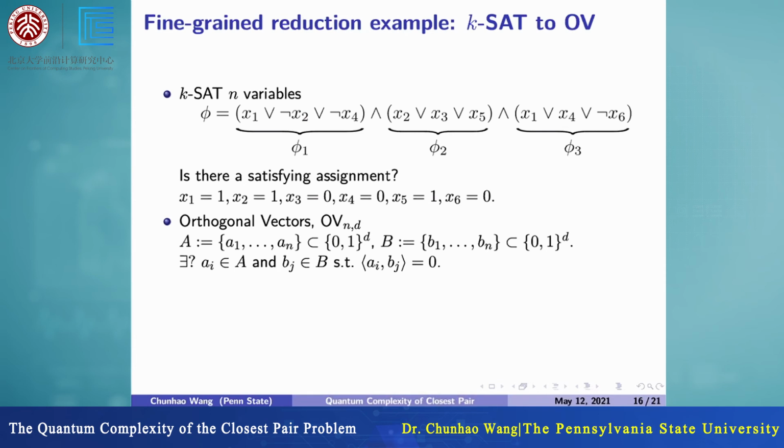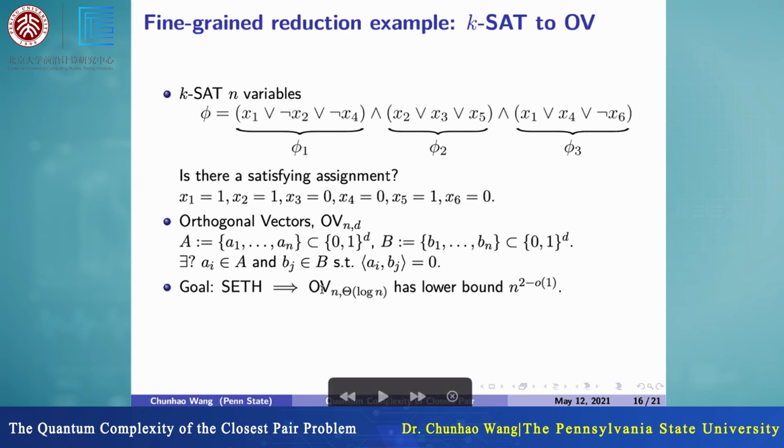The goal is to use fine-grained reduction to reduce K-SAT to this orthogonal vectors problem. That means if you believe SETH, then this orthogonal vectors problem has an n to the 2 minus epsilon lower bound.